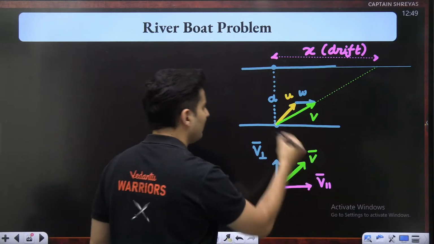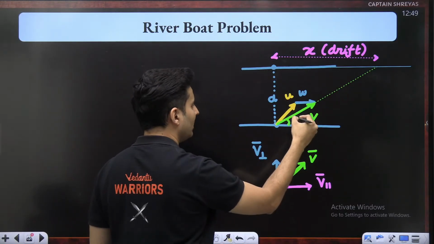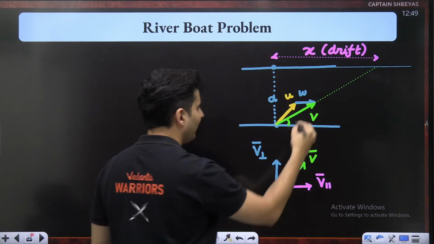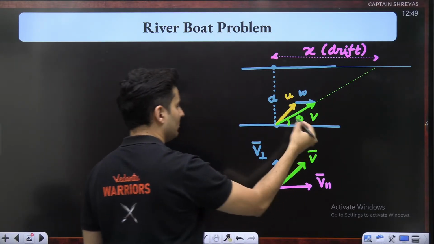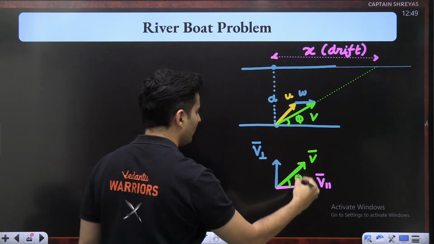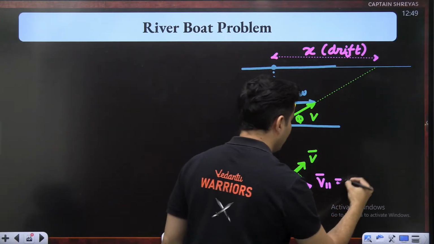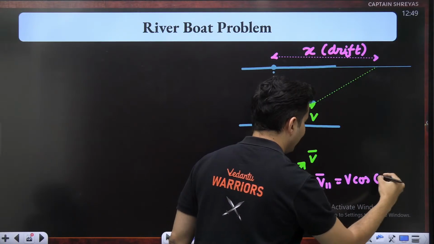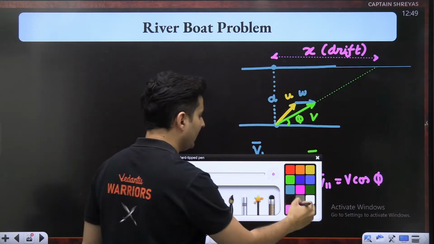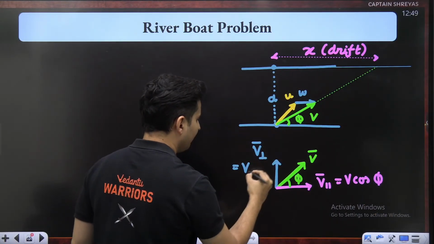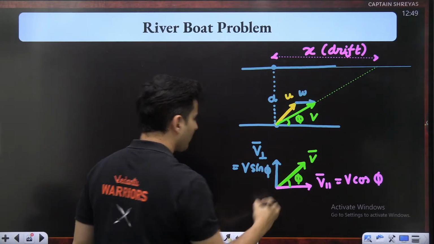See, that velocity can make any angle. It could be theta, let's say, or phi, let's say. It depends on whatever it comes out to be. So V parallel, let's say, is for example V cos phi after finding it out, and V perpendicular is, let's say, V sine of phi.